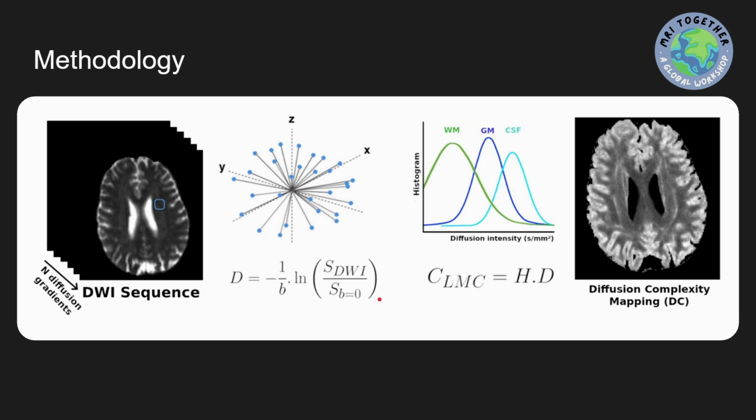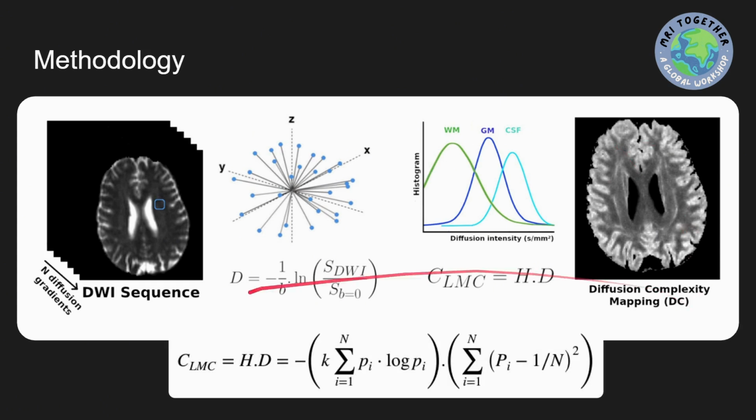And all those gradients can give us a diffusion probability distribution in which our brain tissues can be differentiated using our complexity measure like this one. In each voxel you can calculate it and create a map like this one on the left side. Basically the calculation for the complexity uses the entropy information multiplied by the disequilibrium function.